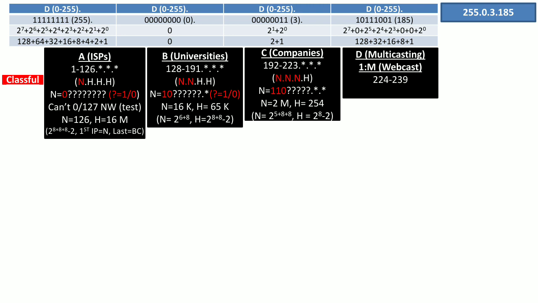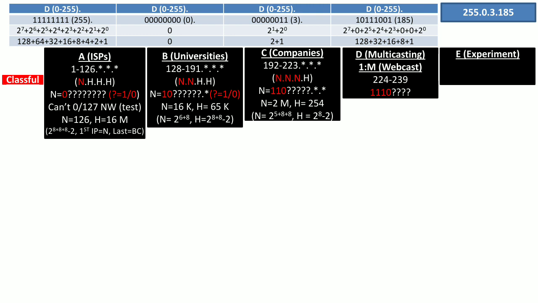If you see a value in the first octet which ranges from 224 to 239, then this IP address is of class D. And in class D IP addressing, the first 4 bits in the first octet are static, that is 1, 1, 1, and 0.